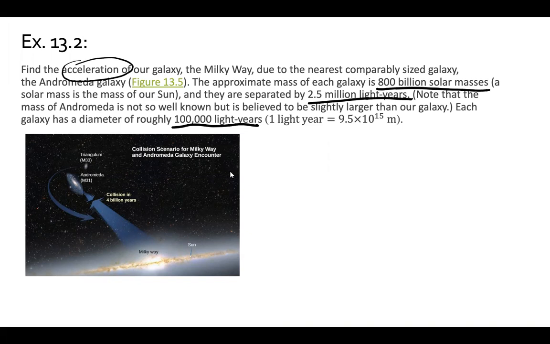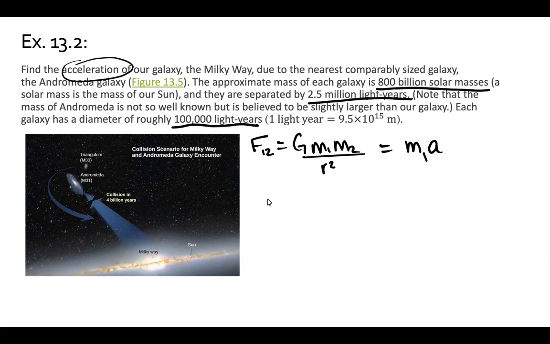First, we'll need to determine our force. Again, that's going to be G times M1, M2 over R squared, and we will also set that equal to M times A. We're going to call M1 our mass, but it doesn't really matter because they're about the same mass.